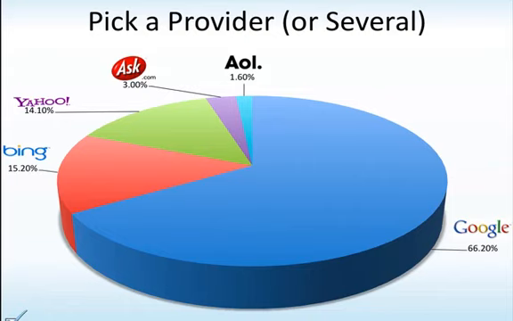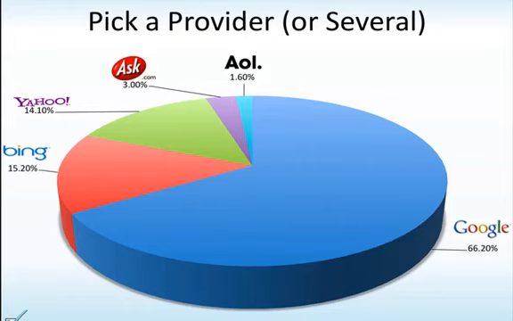Speaking of platforms, here are the different providers that you can choose from when starting a PPC campaign. You probably want to start off with one of the big three, so Google, Yahoo, or Bing, which each offer their own solutions. Google has Google AdWords, Bing is Microsoft Ad Center, and Yahoo has Yahoo Network Plus.